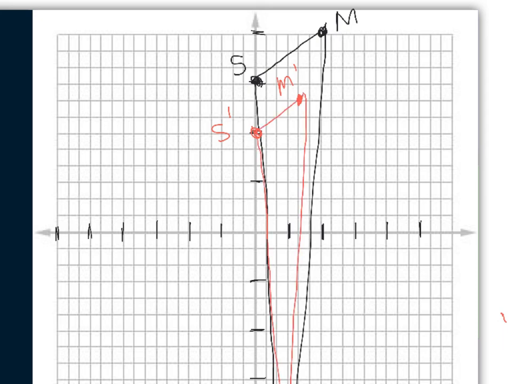So we learned today that the sides are proportional, right? So you can see how S prime, M prime, that side, looks like it really is about 2/3 the length of SM. And so we can see that relationship happening. Also remember how we guessed that our image was going to be smaller than our preimage? Well, we were correct.